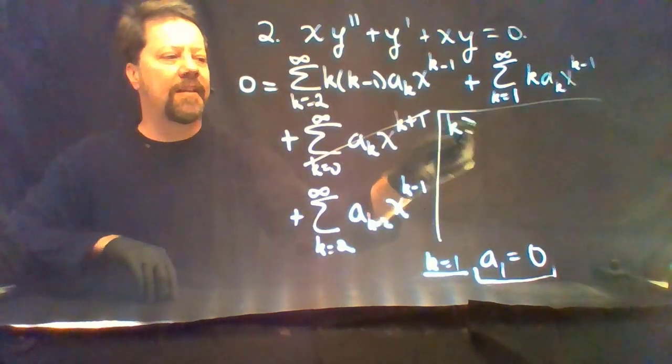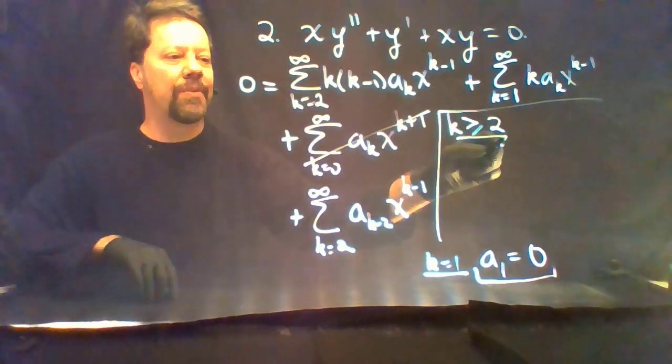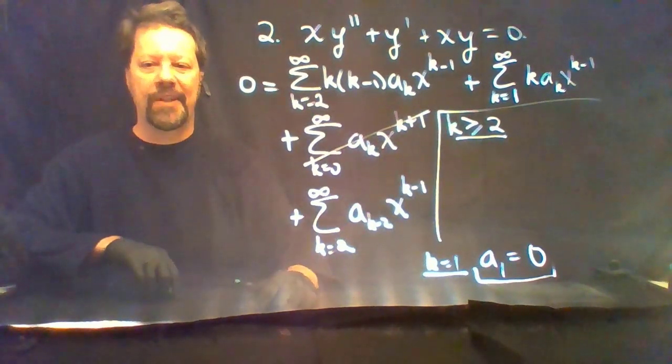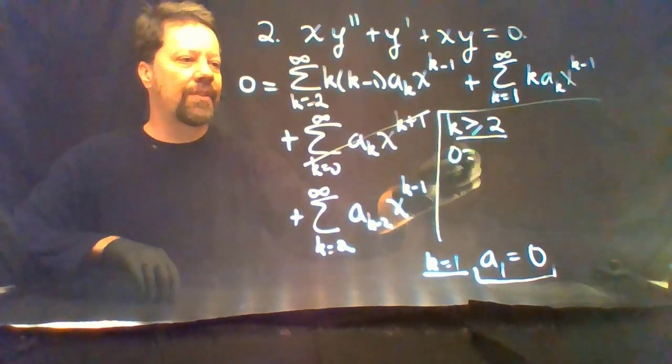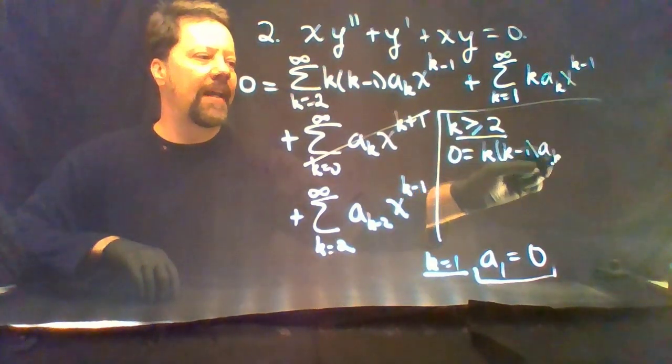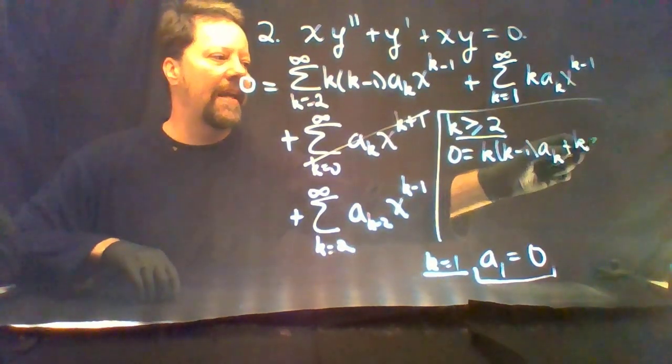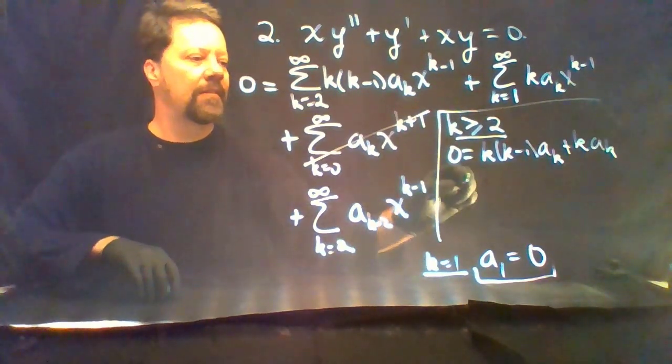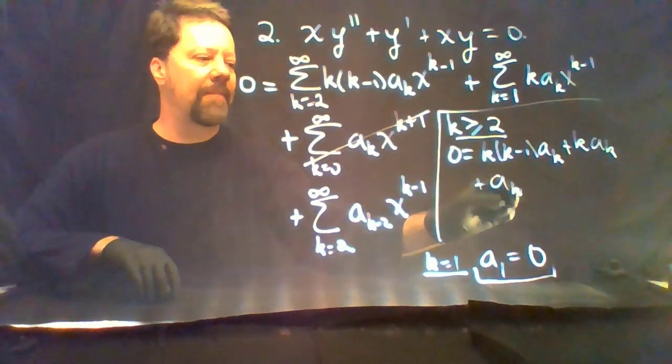If k is greater than or equal to 2, all three sums come into play. And we'll have 0 equals k times k minus 1 a sub k plus k a sub k plus a sub k minus 2.